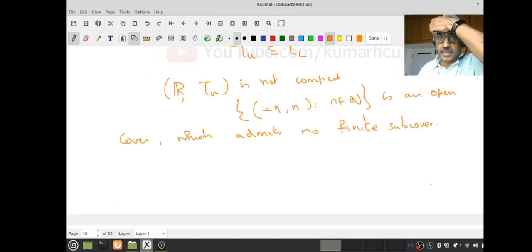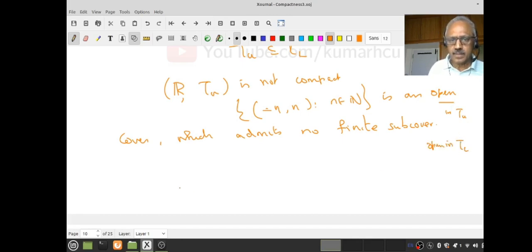Now this is an open cover, open where? Open in tau u, and hence it's also open in tau L. Therefore this collection (-n, n) as n varies over N is, if you want, a tau L open cover of X, which has no finite subcover.